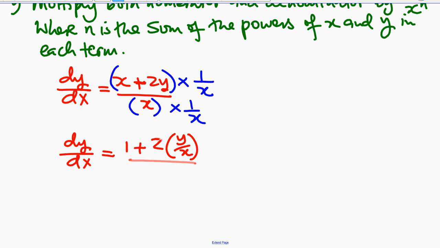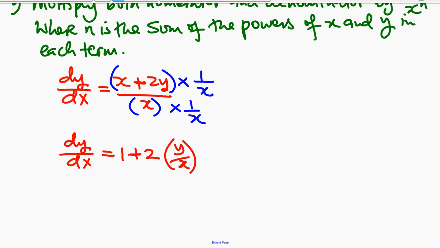There's no need of writing over 1, so you just end up with this expression: 1 plus 2 into bracket y over x. Already you can see something that is familiar to what I mentioned previously.